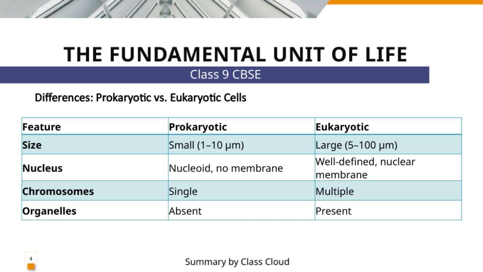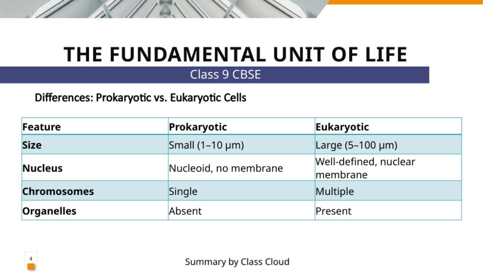When it comes to chromosomes, prokaryotic cells usually have a single circular chromosome, while eukaryotic cells have multiple chromosomes arranged linearly. This difference is significant for genetic organization and inheritance. Finally, regarding organelles, prokaryotic cells generally lack membrane-bound organelles, meaning they don't have specialized structures like mitochondria or the endoplasmic reticulum.